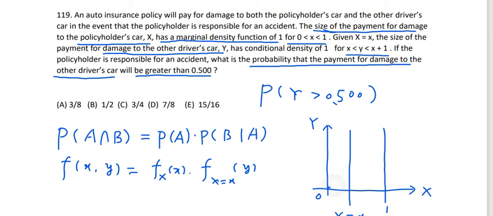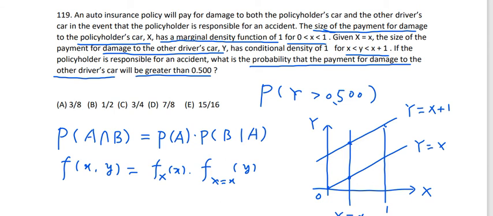So here's between x and x plus 1, y equals x, y equals x plus 1. From here to here the density is constant 1.